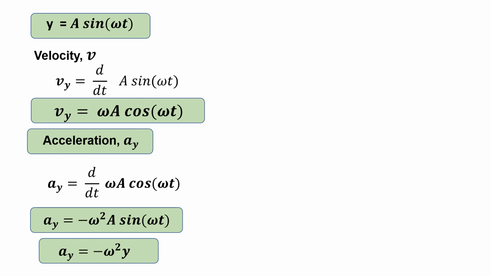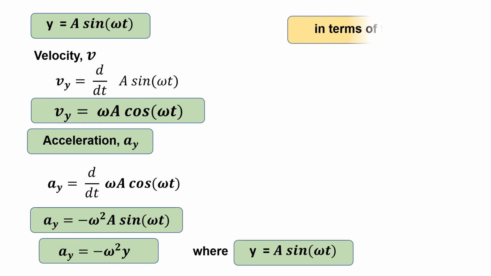So, untuk acceleration in terms of displacement y, kita tukar saja A sin omega t is equal to y, ataupun y is equal to A sin omega t. So, acceleration in terms of displacement y, kita akan dapat Ay is equal to minus omega square y.